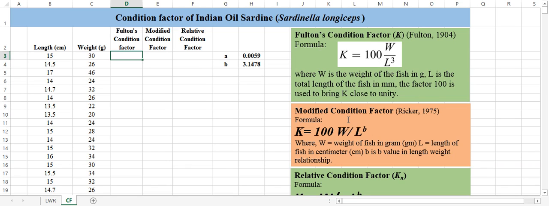The modified condition factor given by Ricker uses the same equation, but instead of 3, or isometric growth, it uses the actual b value of the species calculated from the length weight relationship. So in the Ricker modified form it is 100 into W by L to the power b.